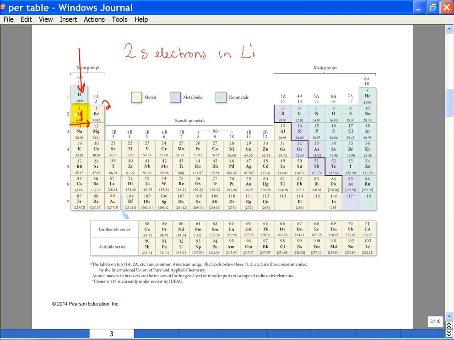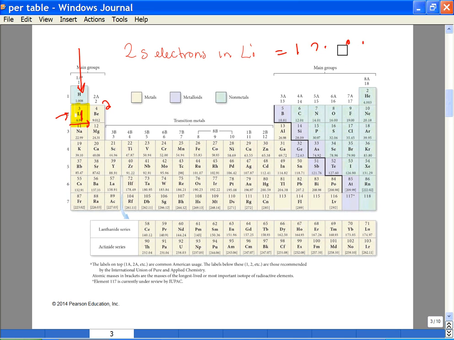So we just have 1 2s electron in lithium. That corresponds to group 1, and we can also rationalize that it is in the S block, and only one of the boxes in the S block has been filled up. So it has 1 2s electron.